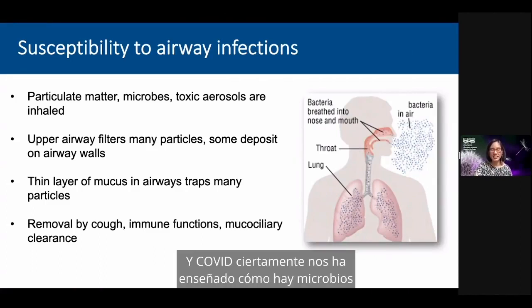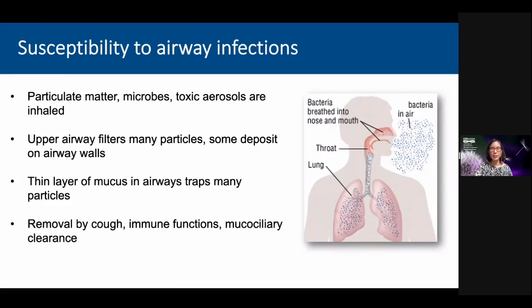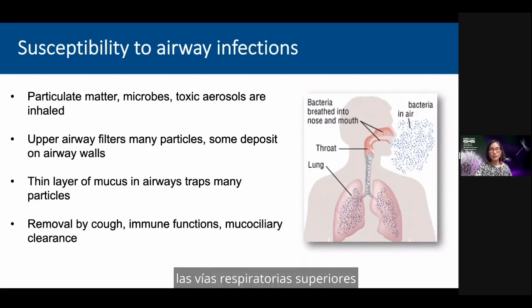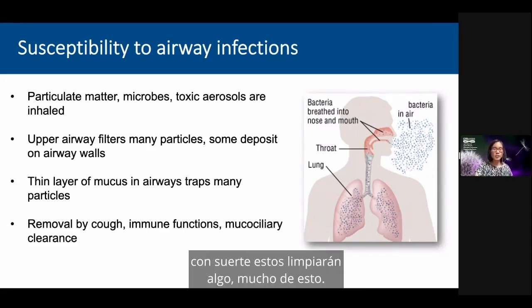COVID has certainly taught us how microbes travel in the air, and these include bacteria. As you breathe through your mouth and your nose, the upper airway will filter a lot of these particles, and through your nasopharynx and upper airway, hopefully a lot of this is cleared out.